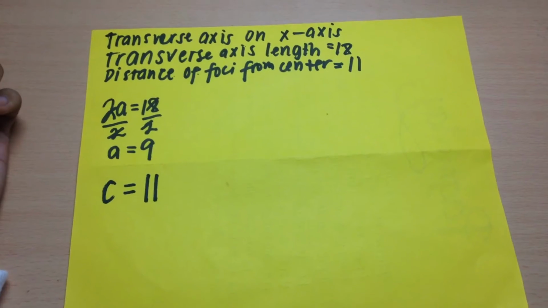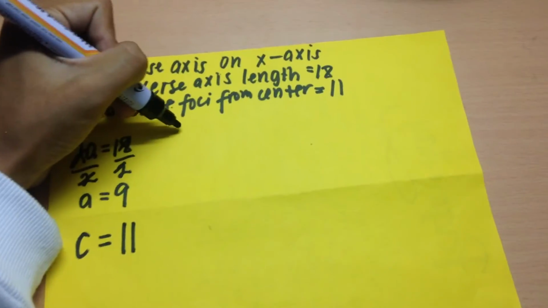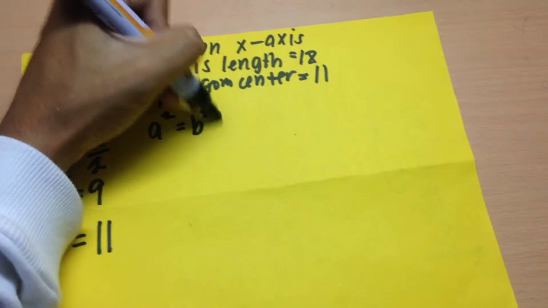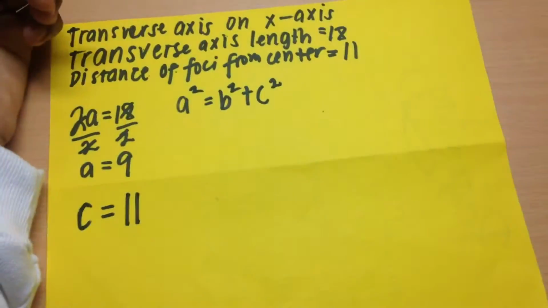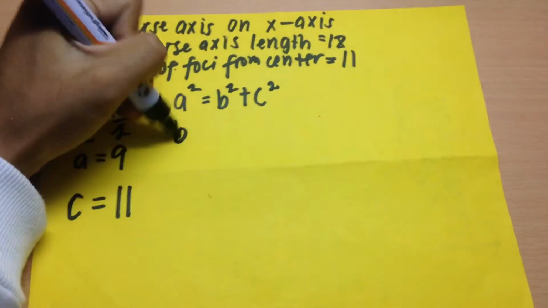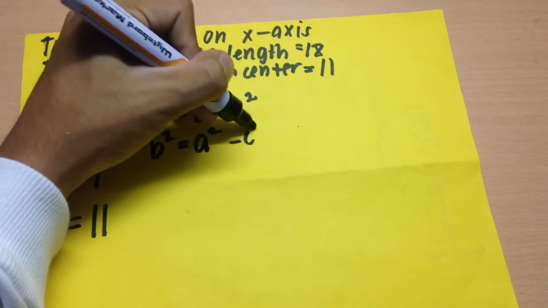So we'll just have to use the Pythagorean theorem, which is a squared is equal to b squared plus c squared. But to make it easier, we'll just have to use b squared is equal to a squared minus c squared.